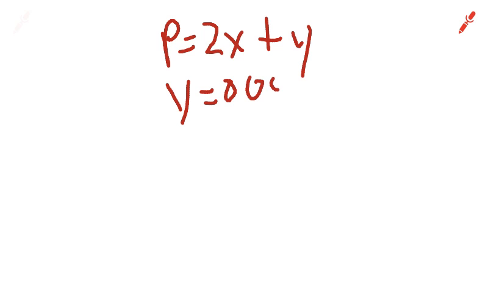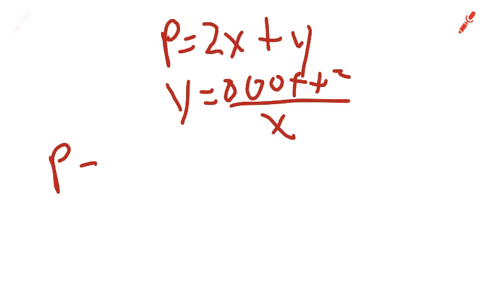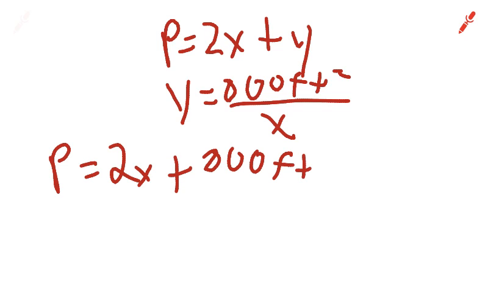We still have our perimeter, and we need to plug in 800 feet squared over x for y. So basically you're going to get P equals 2x plus 800 feet squared over x. So now you see that in our perimeter formula, everything is in terms of x.